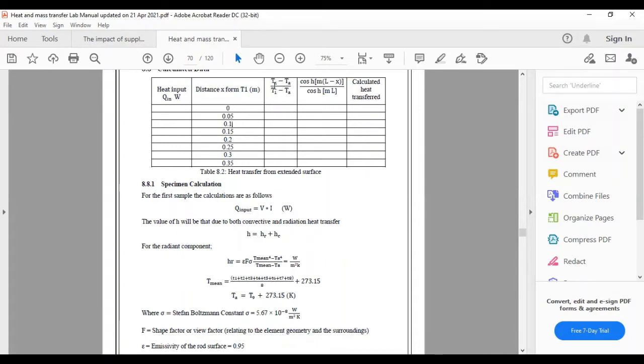So the next column is (Tx minus Ta) over (T1 minus Ta). T1 is the reading of temperature sensor number 1, and Ta is the ambient temperature, which is taken from T9 basically. This is written here: Ta is basically T9 plus 273.15. This is the amount we add to convert it into Kelvin.